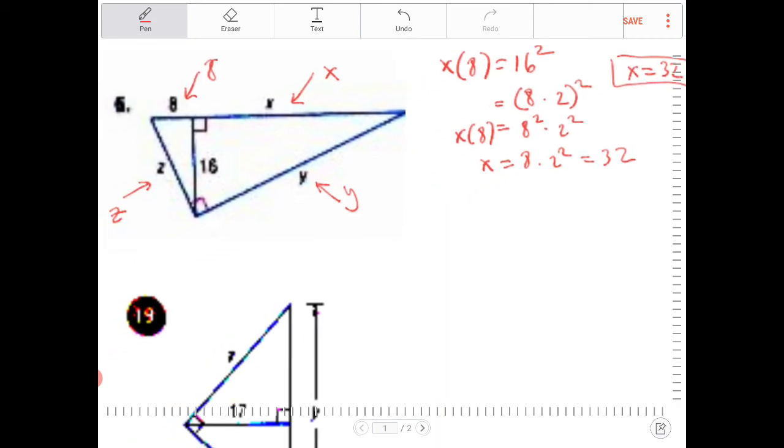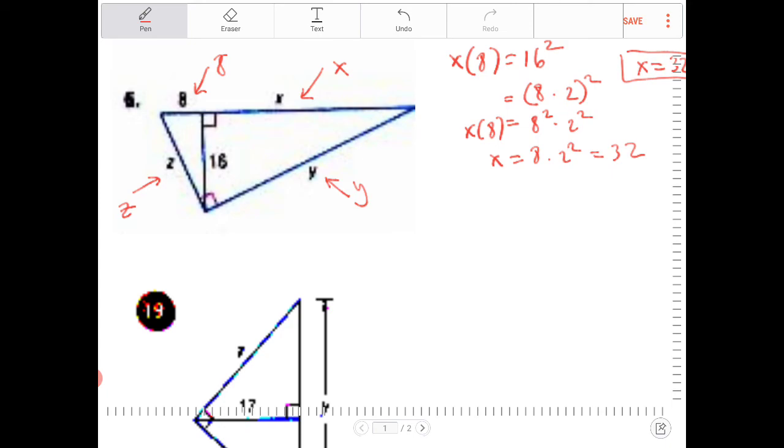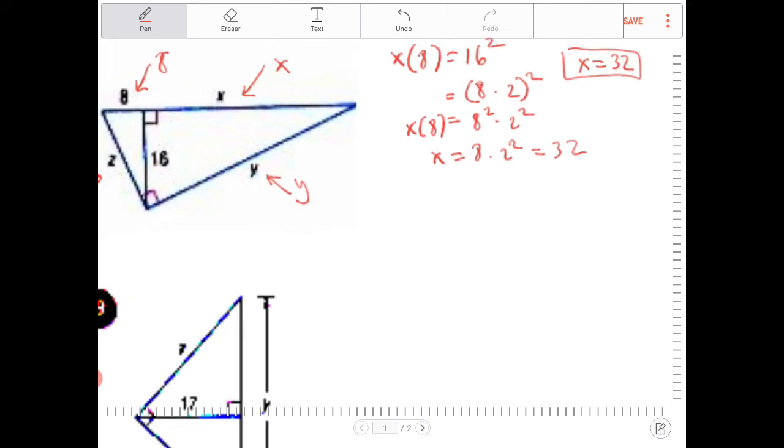If x is equal to 32, I can then solve for y and z by using Pythagorean theorem. So 32 squared plus 16 squared is equal to y squared. I'm going to add this up.